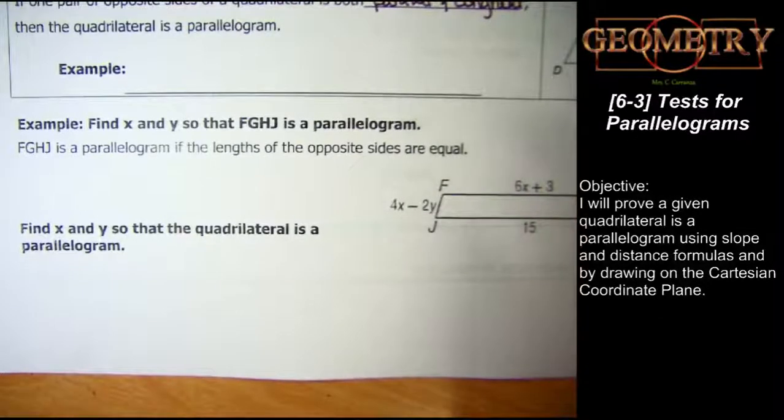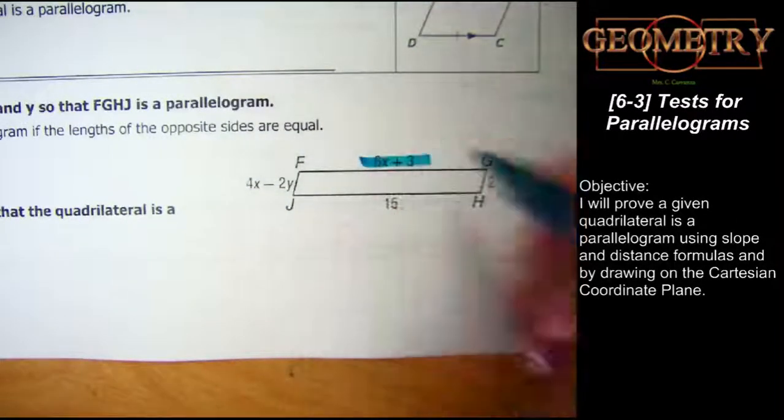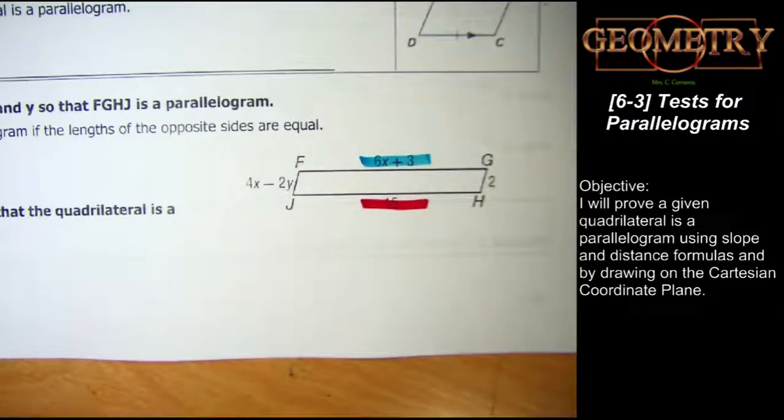We need to find the values of the variables so that FGHJ is in fact a parallelogram. And remember that in order for it to be a parallelogram, opposite sides have to be equal. So in this parallelogram, this side needs to be congruent to this side. And this side needs to be congruent to this side.